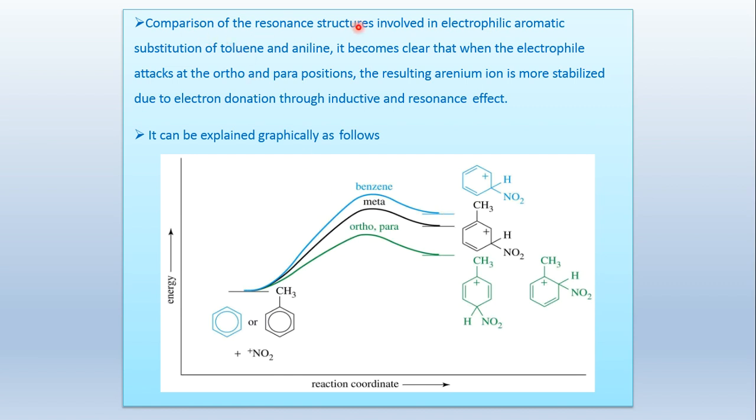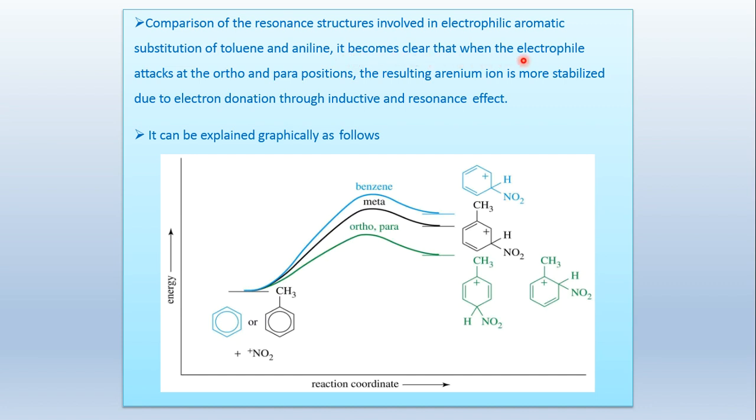Now comparison of the resonating structures involved in electrophilic aromatic substitution of toluene and aniline. Okay, here toluene and aniline are considered, and a relative study as a graphical form, as an energy profile diagram, has been shown.